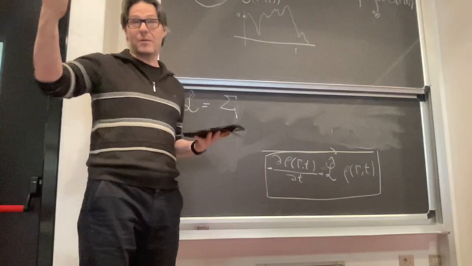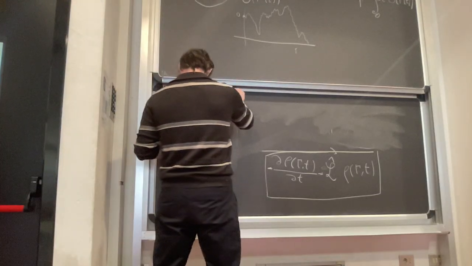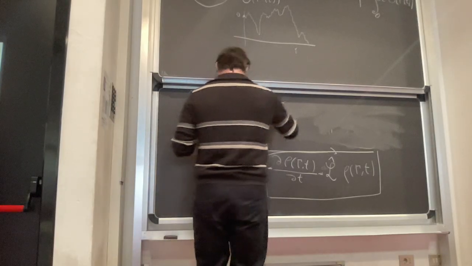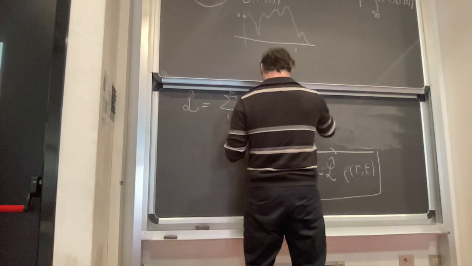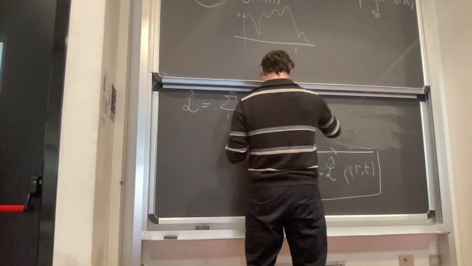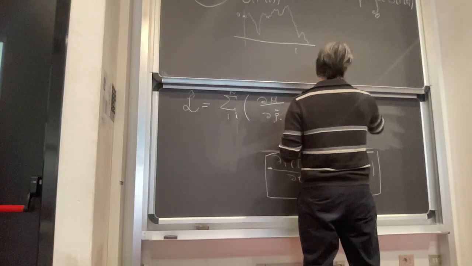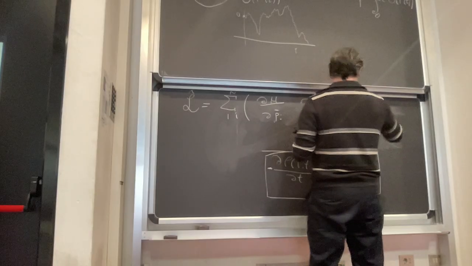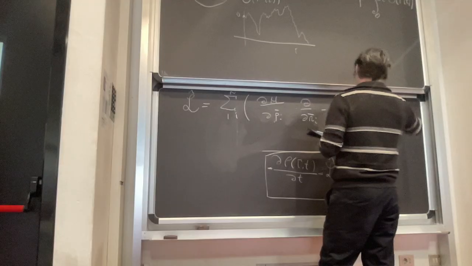Now we understood the concept, we can write this for all degrees of freedom. It is the sum from 1 to n of dh by dr_i times d by dp_i, minus dh by dp_i times d by dr_i.